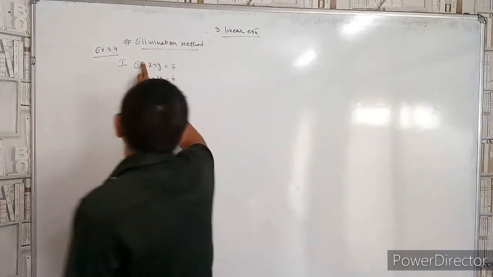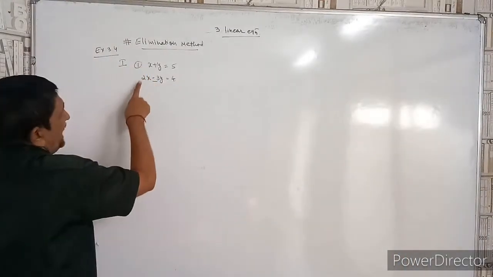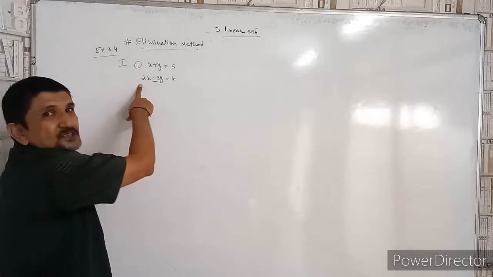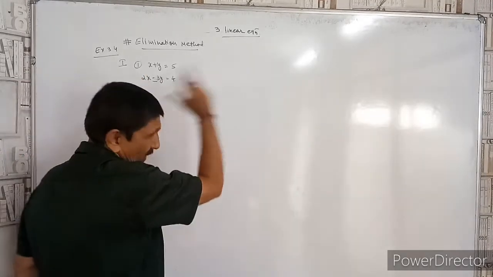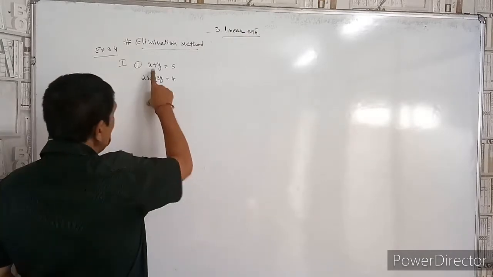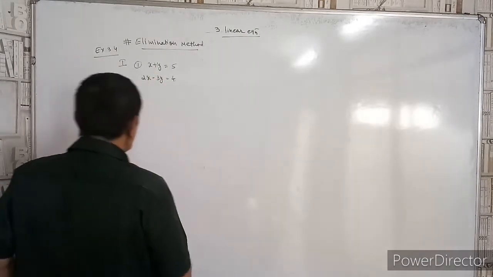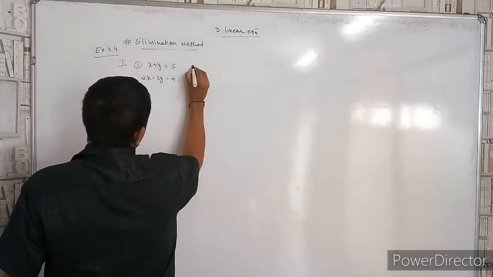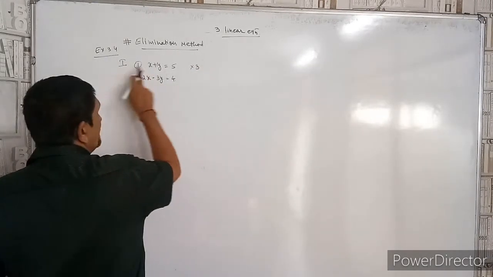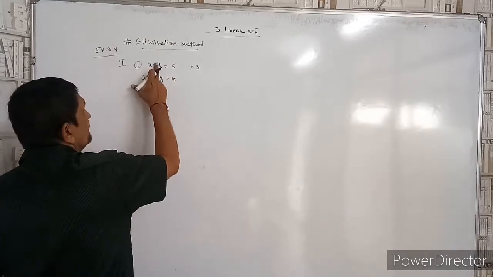The second thing is that here for x both signs are positive, so we have to change any one. Here y has the opposite signs, positive and negative. So simply multiply this equation by 3, all the terms multiplied by 3.